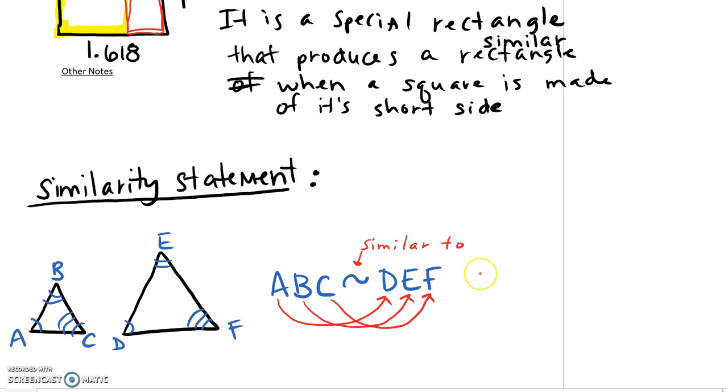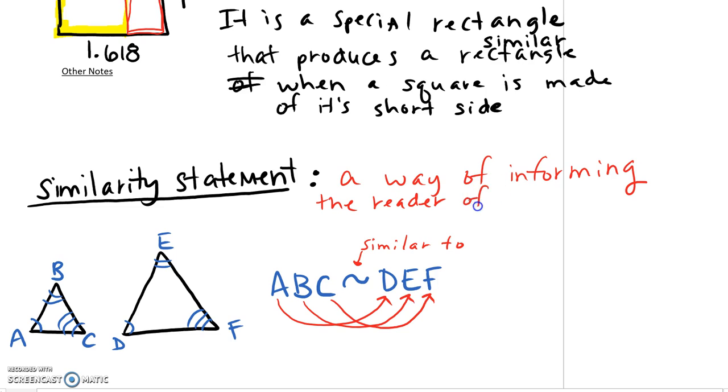So that is a similarity statement. It's a way of informing the reader of which angles, A, B, and C are the angles.